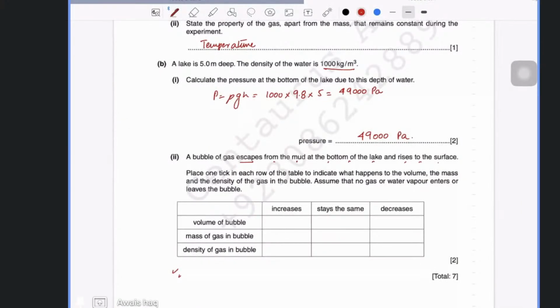Okay. So it says, place a tick in each row of the table to indicate what happens to the volume, the mass and the density of gas in the bubble. Assume that no gas or water evaporates. So when the bubble rises to the surface, we need to understand that as the bubble goes up, the pressure is going to reduce, which means the volume has to increase. Do you guys understand that?